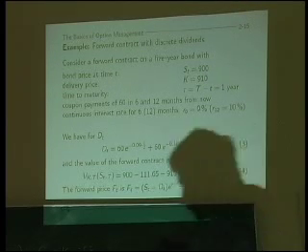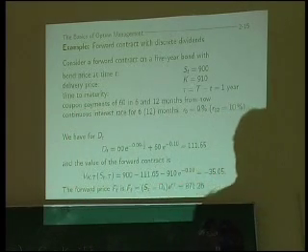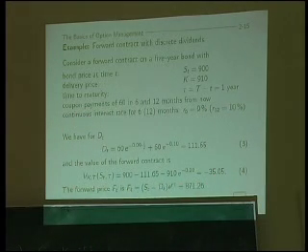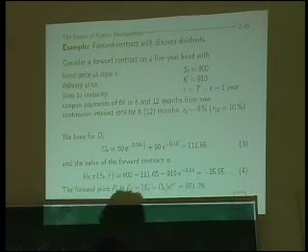You simply take your payments and discount them. So you divide by the corresponding bonds. What do we get?